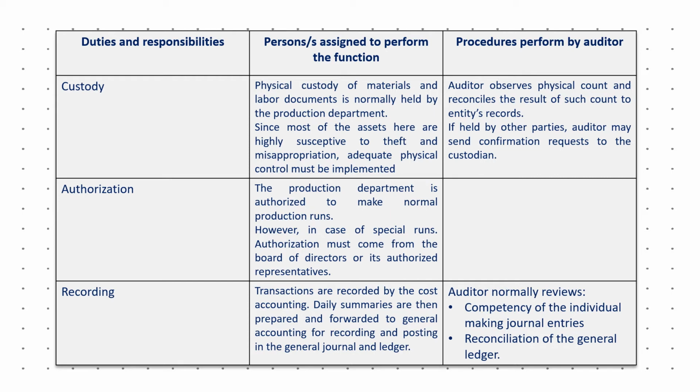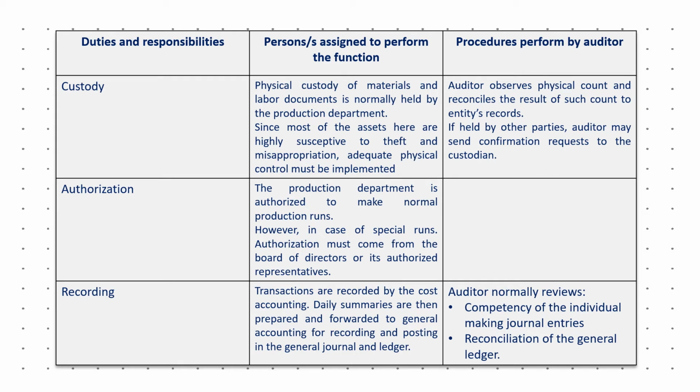Auditor also observes physical count and reconciles the result of such count to the entity's records. So sa physical count nila i-compare if match ba yung based on the records held by the other parties. So auditor may send confirmation request to the custodian.